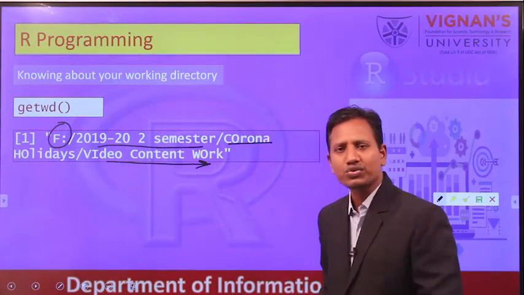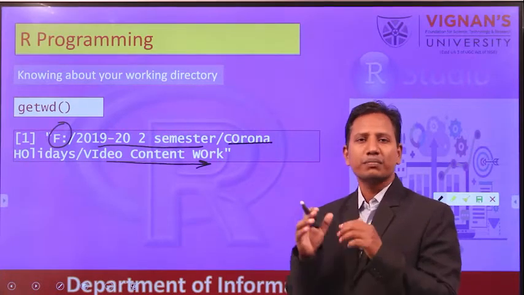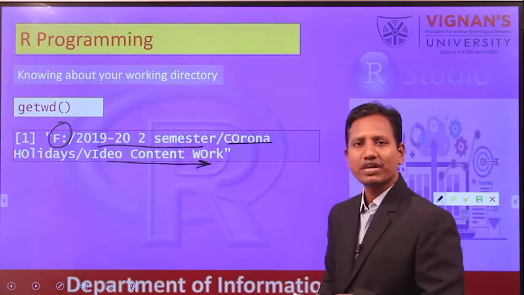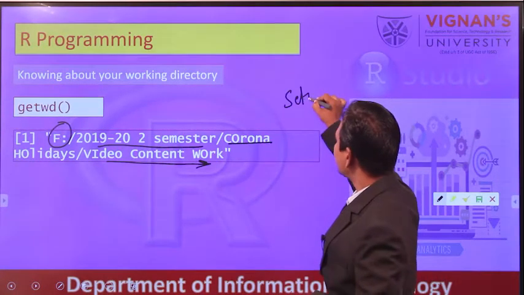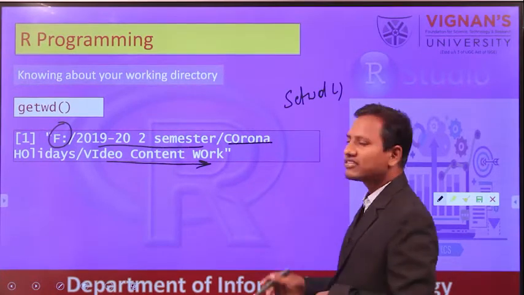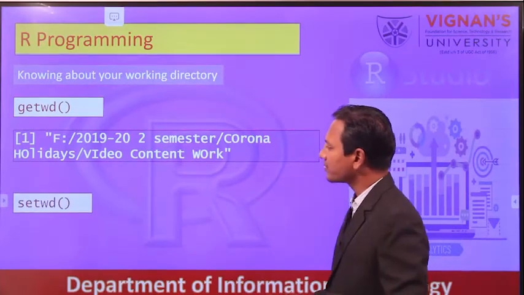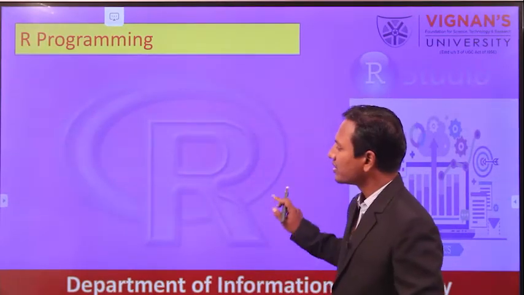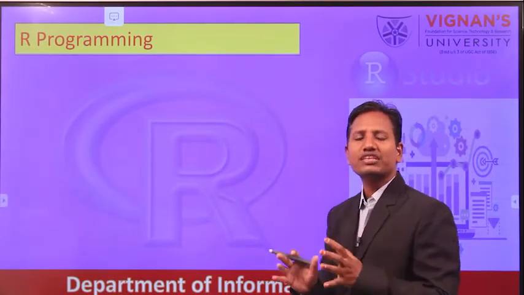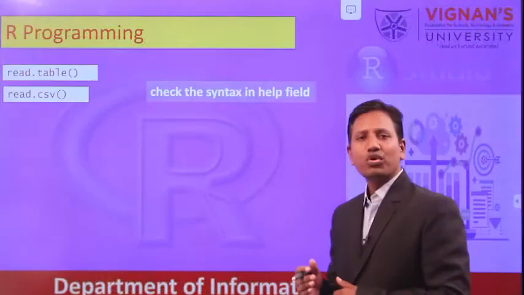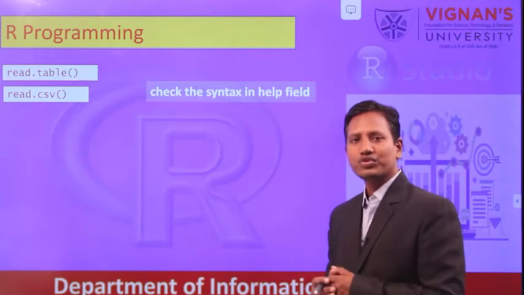If we wanted to change this working directory to some other directory, it is possible. For this one, we have a command called setwd, that is set working directory. Using that setwd, we are able to change the working directory. To load the data into our environment, that is RStudio, we have two functions.